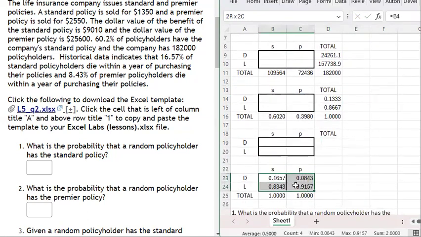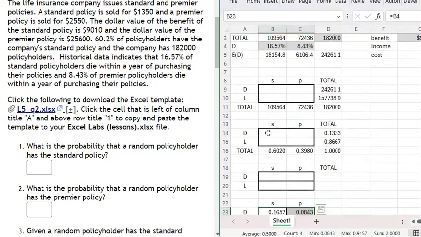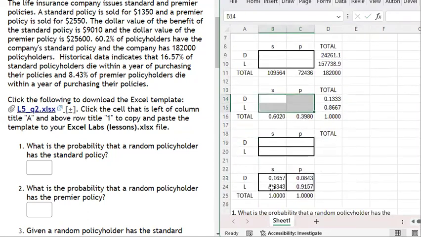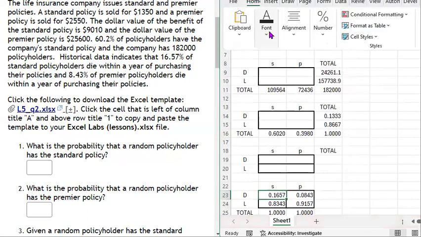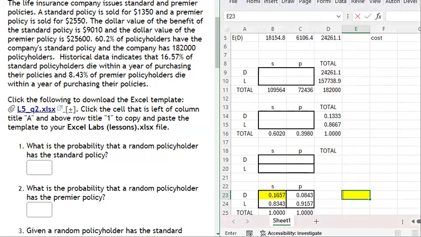Now, can we use this information here to compute these joint probabilities here, right? Now, what is this thing right here called? I'm going to make this over here yellow, right? Okay, what does this yellow thing equal? The probability of dying within a year of purchasing a policy given the person purchased a standard policy, right?